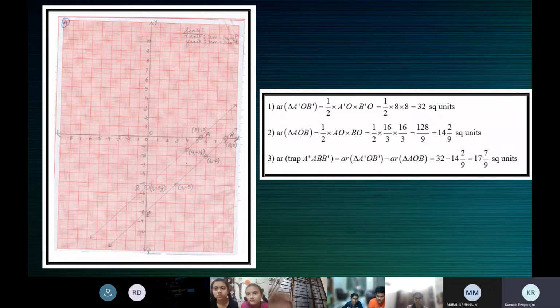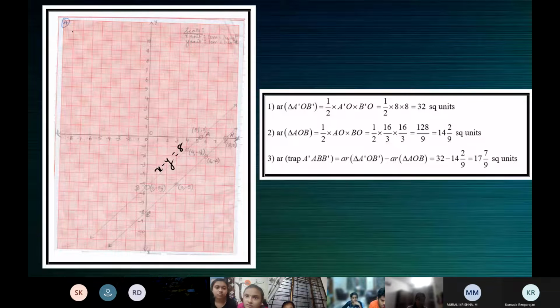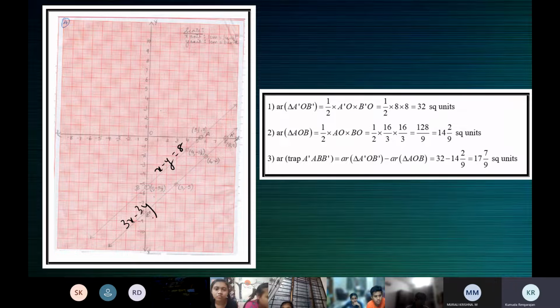So this one is x minus y is equal to 8. Have I written it anywhere? No, I have not. I've forgotten to write. 3x minus 3y is equal to 16. See, I'm struggling to find the pointer. That's what I'm doing. One minute. So this is 3x minus 3y is equal to 16.